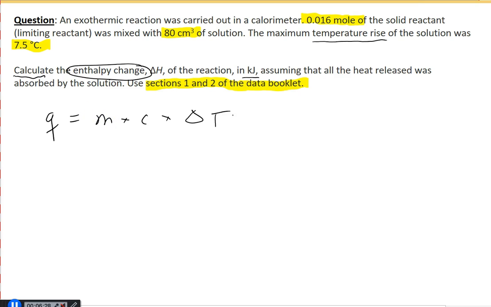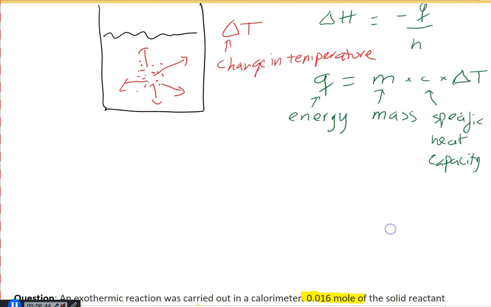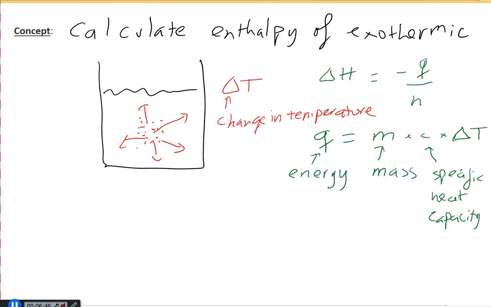The problem that students usually run into is, what mass do you use? A lot convert the moles into mass, but again, go back to the concept. It's not the reaction that gains energy, it's the water, the solution surrounding the reaction, that gains energy.